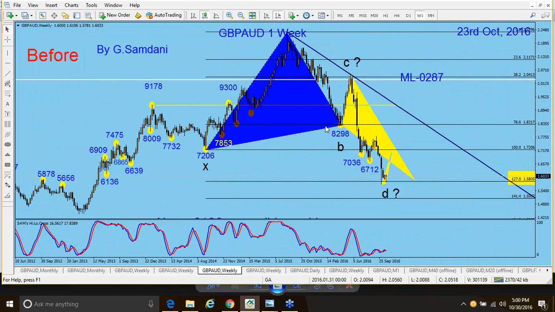The calculation for the butterfly pattern is that if the B point is 78%, and then the C point is at around 38%, sometimes it goes to 23%, but usually it stops at 38%. Then you go to 127% of the same fib. Extension, not expansion.